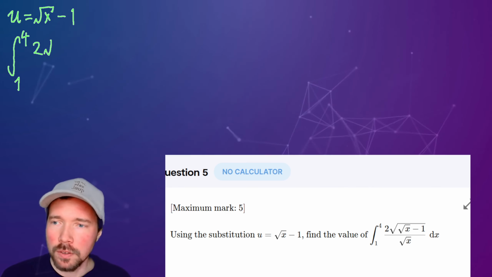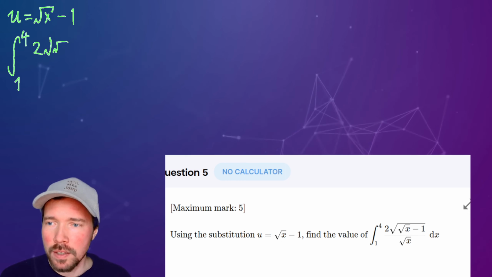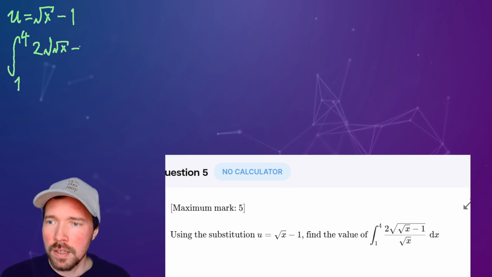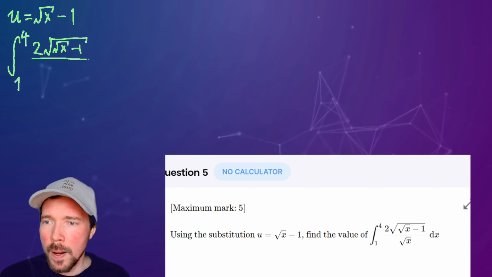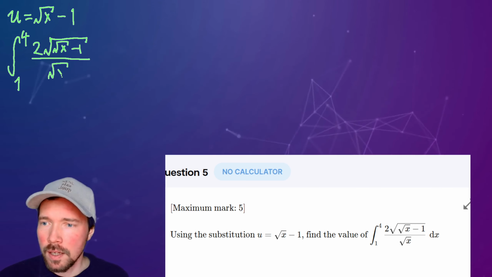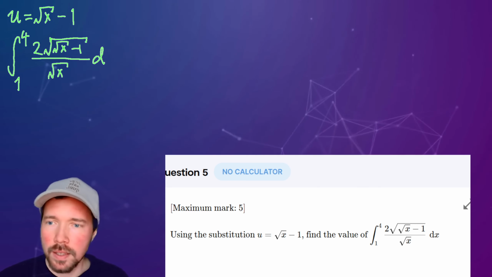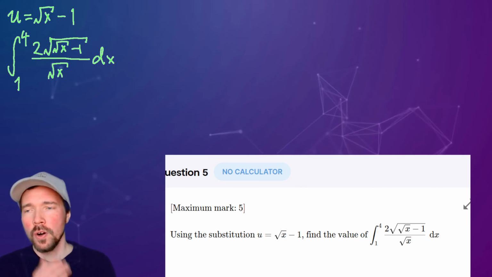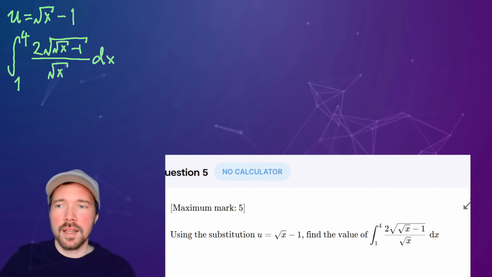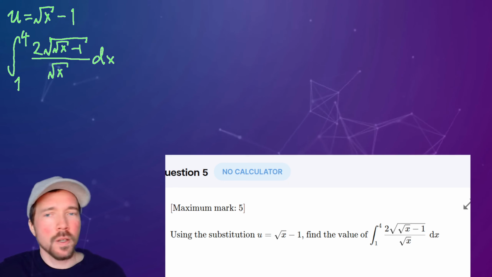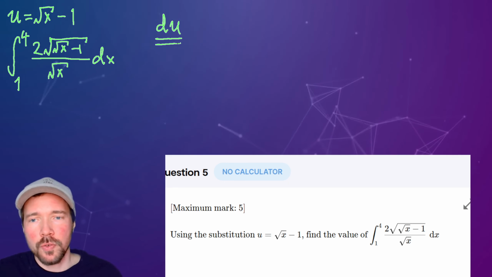No, I'm not going to do that. I'm going to first write the entire thing the way it is there, and only then I will start plugging in this u. Now, before we plug in the u, let's figure out what is the differential when we substitute.